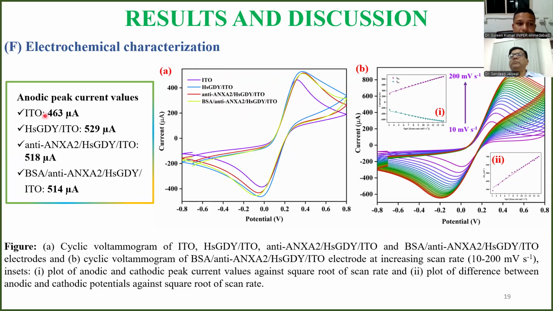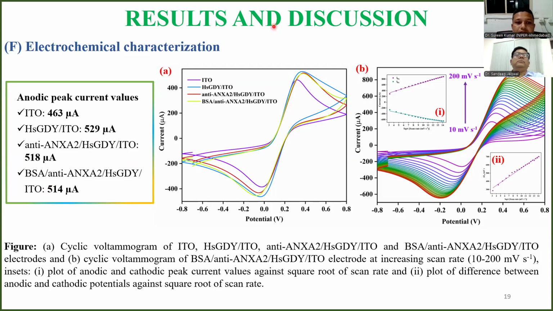We can see here the anodic peak current of ITO is about 463 microampere. When we immobilized 2D nanomaterials like hydrogen substrate graphene, its current increases up to 529 microampere. When antibody and BSA are immobilized, then due to the insulating behavior of the bioreceptor, the current decreases to 518 microampere and 514 microampere.